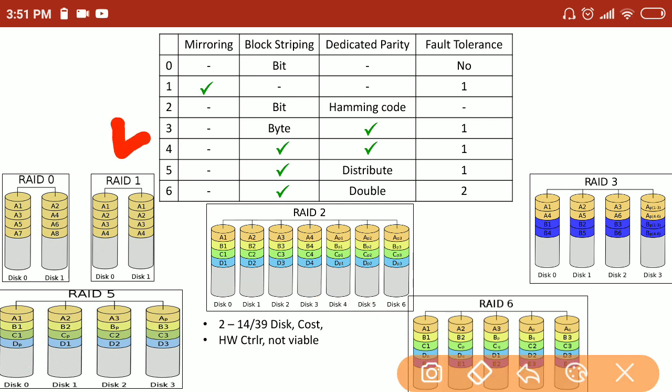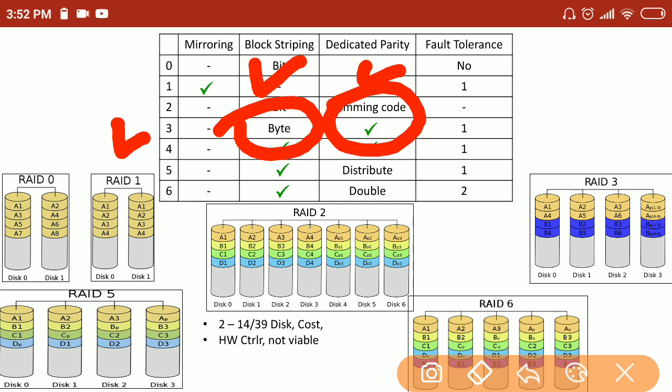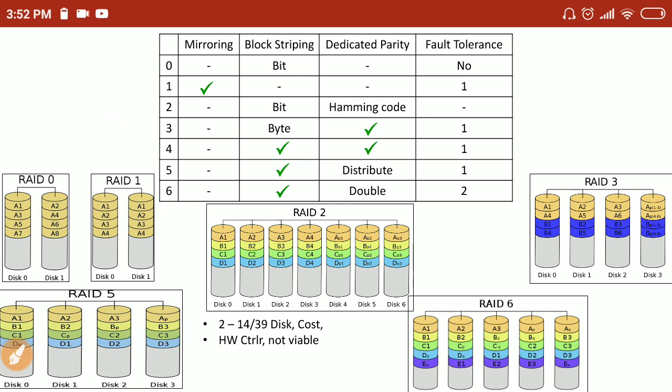And in RAID 3 you are using a combination of parity and striping. So you are using byte level striping, striping the information at byte level, and you are using a dedicated disk for parity.